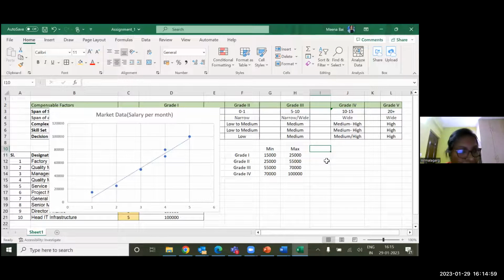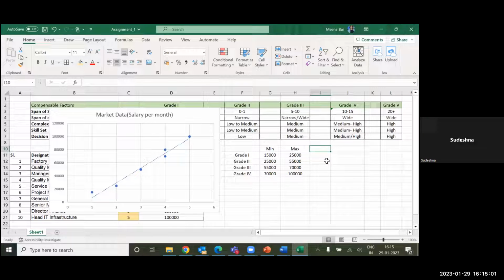What I want to know is, though we have different grading systems in different organizations, one of the compensable factors we have determined is the number of years of experience. So there are cases where even in grade 1, a person with 15 years of experience is still there, and maybe in a higher grade, a person with fewer years of experience.